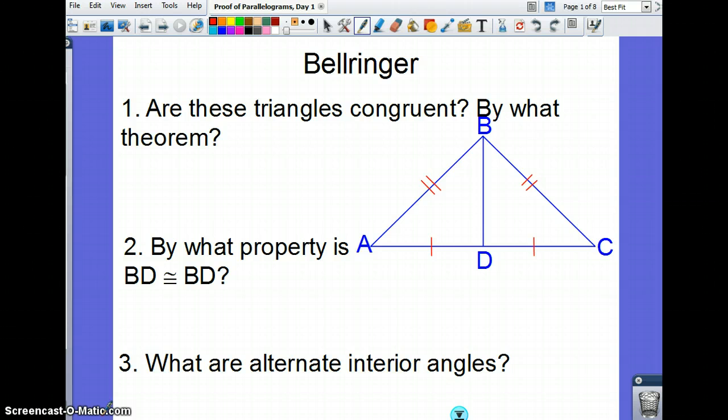So in this case, I've got one pair of congruent sides, another pair of congruent sides. This side in the middle is going to be congruent to itself because it's shared between the two of them. So that makes this congruent by side-side-side congruence. Okay, this one in here, don't forget, if it's congruent to itself, that property was called the reflexive property.